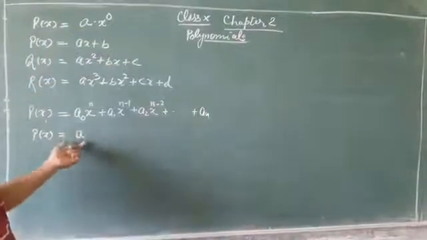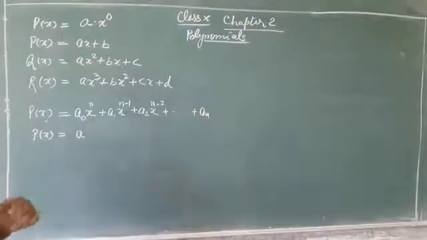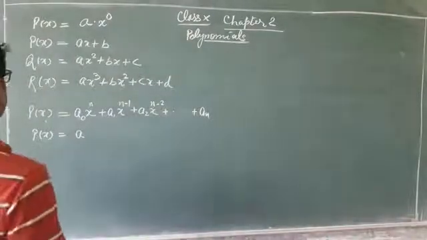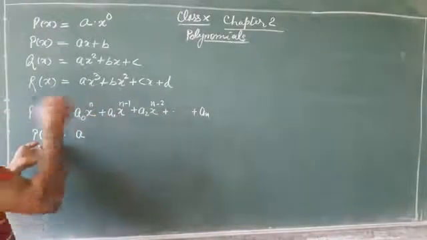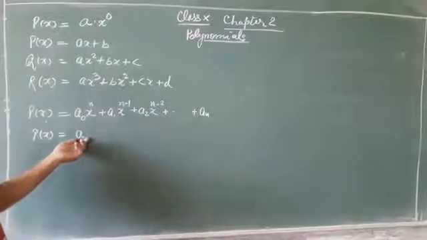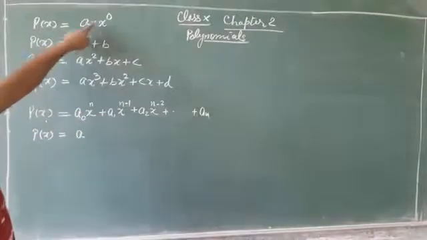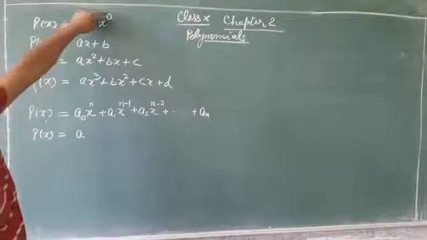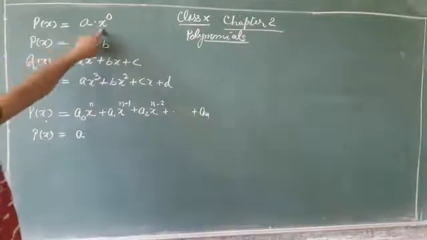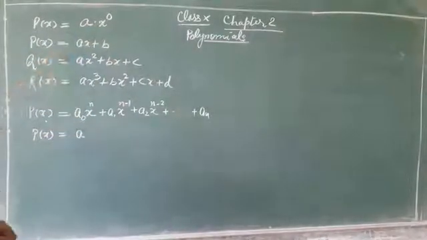So p of x is also written as a constant, where we can write a as a into x to the power 0. So by the definition of polynomial, here x is the variable and the power of the variable is 0.